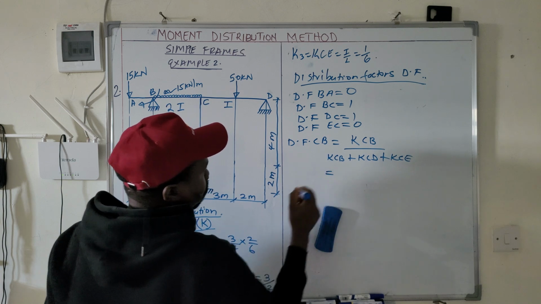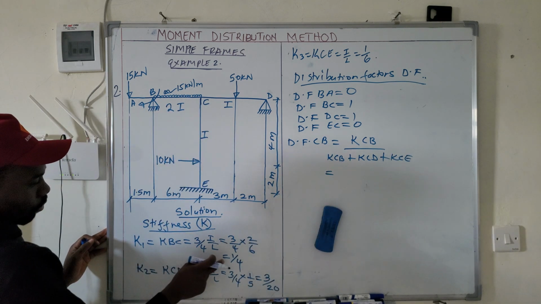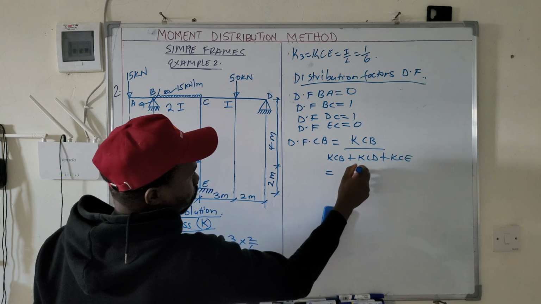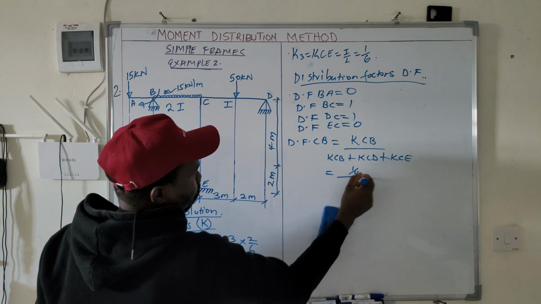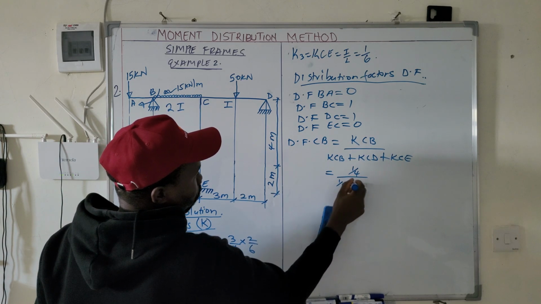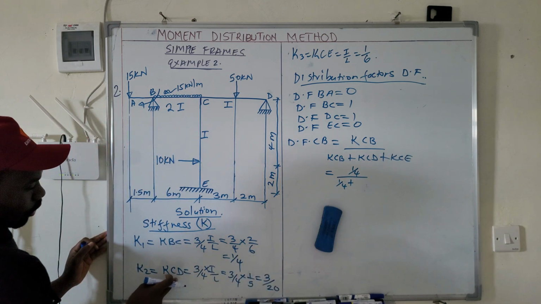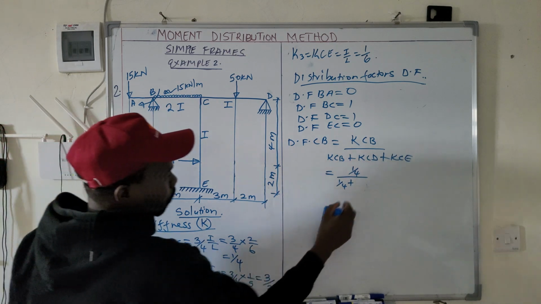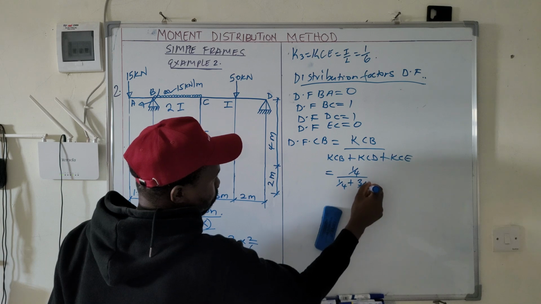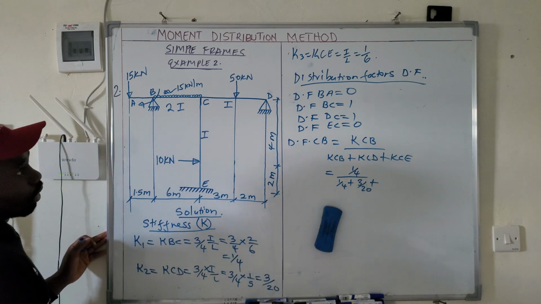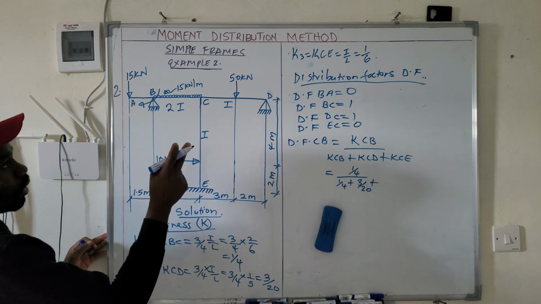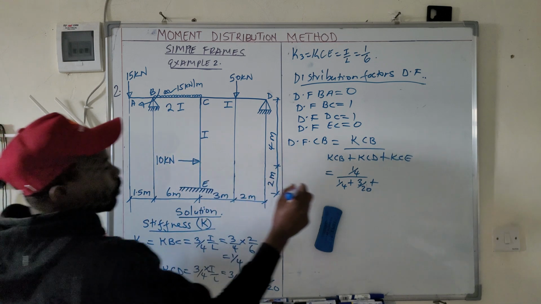So this one will be KCB is 1 over 4, over 1 over 4 plus KCD 3 over 20 plus KCE 1 over 6.